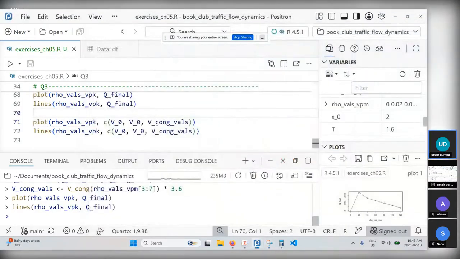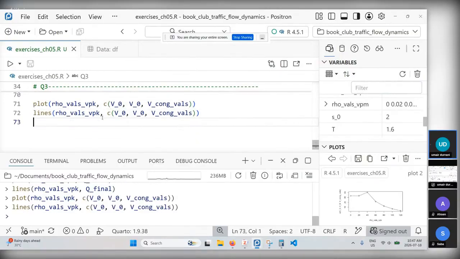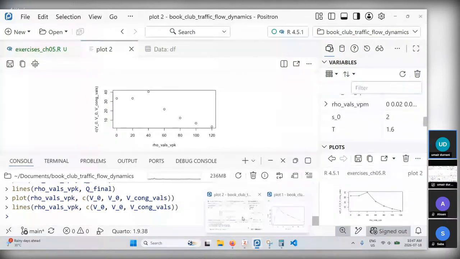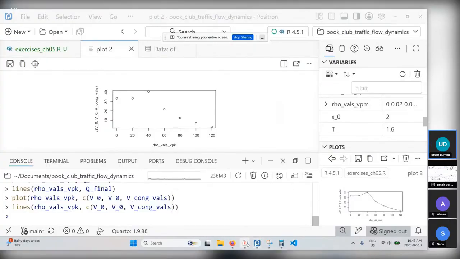And then if we do the same thing for the speed-density plot, that turns out to be this thing. For some reason, I don't know why it's showing the line here, but not here. But that also gave us a similar result compared to the example in the book.